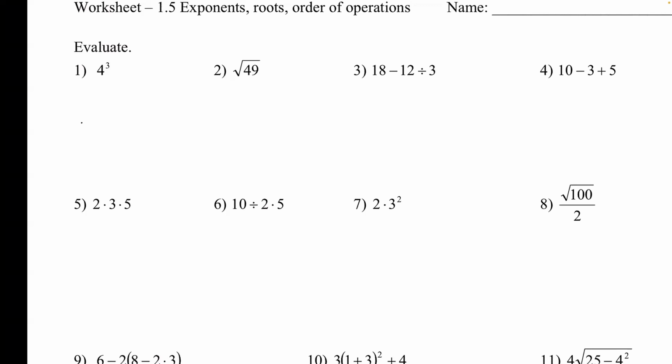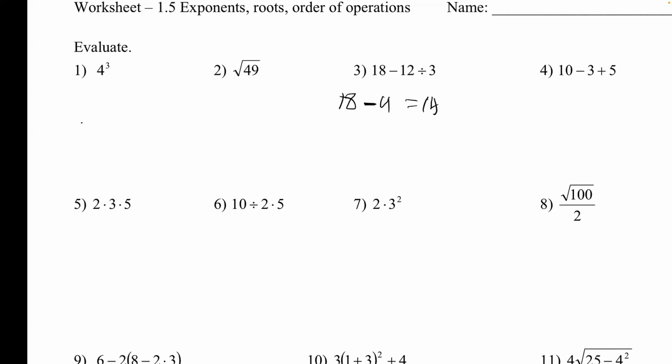Meaning now 18 minus 12 divide by 3 equals 4. Now 18 minus 4, 14.